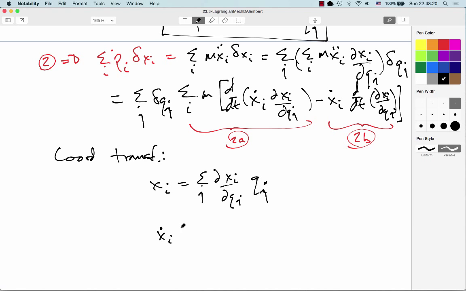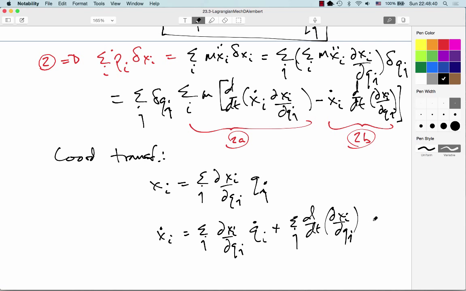So xi dot will be sum over j partial xi partial qj qj dot plus sum over j of d/dt of partial xi partial qj times qj. Well, this second bit goes to 0 because of lack of explicit time dependence.